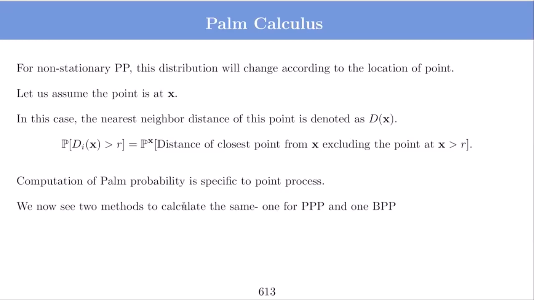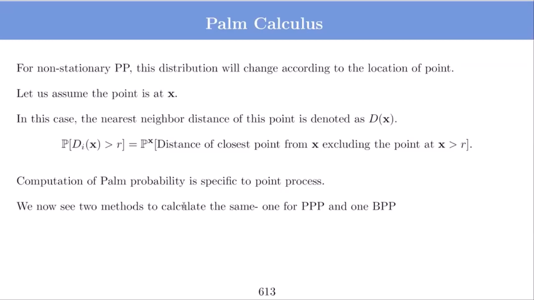So you can see that both of these nearest neighbor distributions I have represented in terms of the Palm probability. To compute this, you will require Palm probability, or basically knowledge of Palm calculus. And the computation of Palm probability is very specific to the point process. If you change the point process, the procedure to calculate it may change, and the value definitely will change.